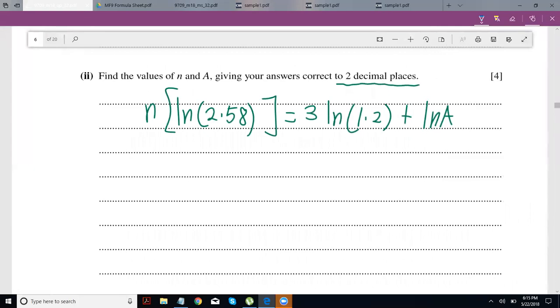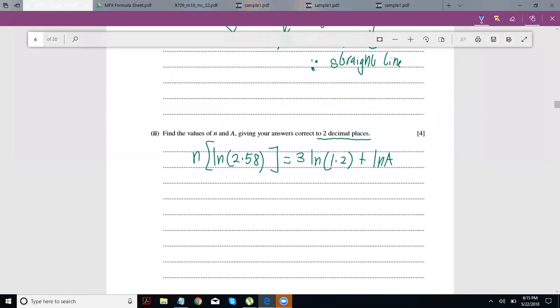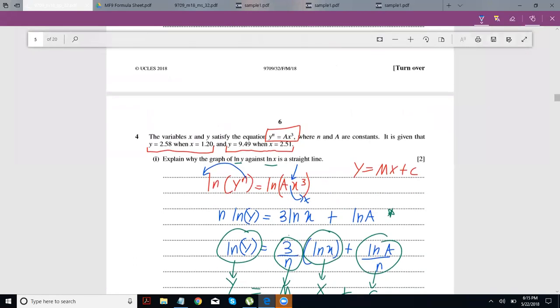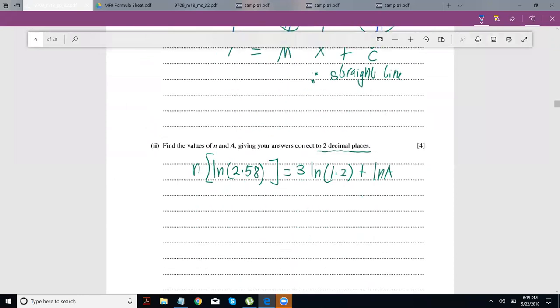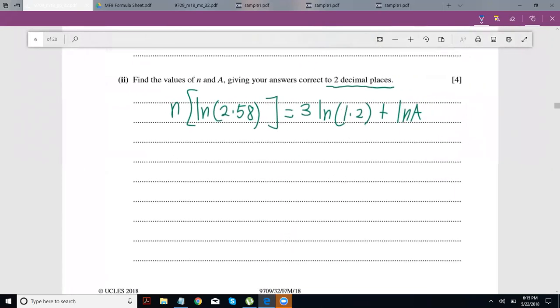So let me just try to do some simplification with ln still there, and I can just put that into my calculator later on. So I want to isolate one variable, because I'm going to form the second equation using the second set of variables, and hence I'm going to solve it simultaneously.